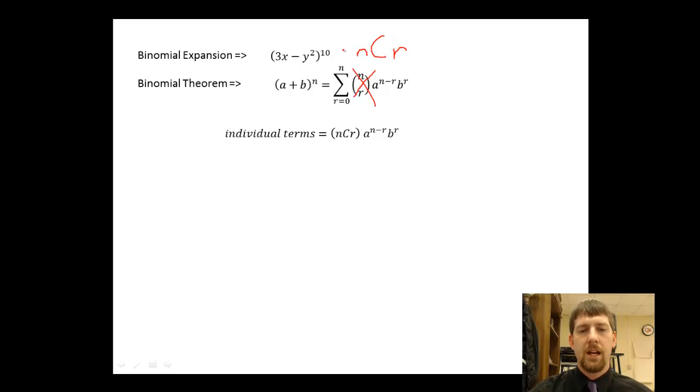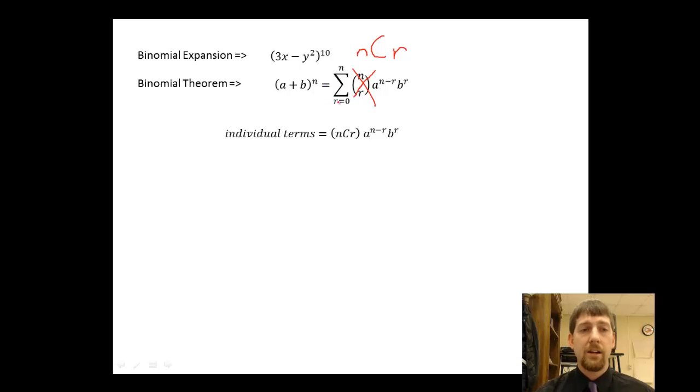And the reason I want to think of it as that is because that's a button on the calculator, a program on the calculator, so we can get that value. This means the same thing. I have this many items, and I'm picking groups of r. So that's a different set, different SPI for a different day. But right now, when we see this on the reference page, we want to replace it with nCr. So that's what we get right here. These are the individual terms. This just means executed a lot of times, added up.